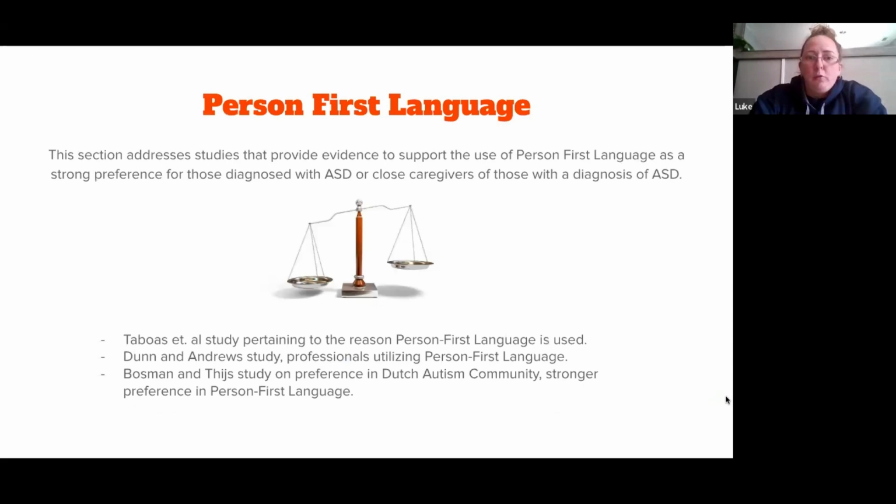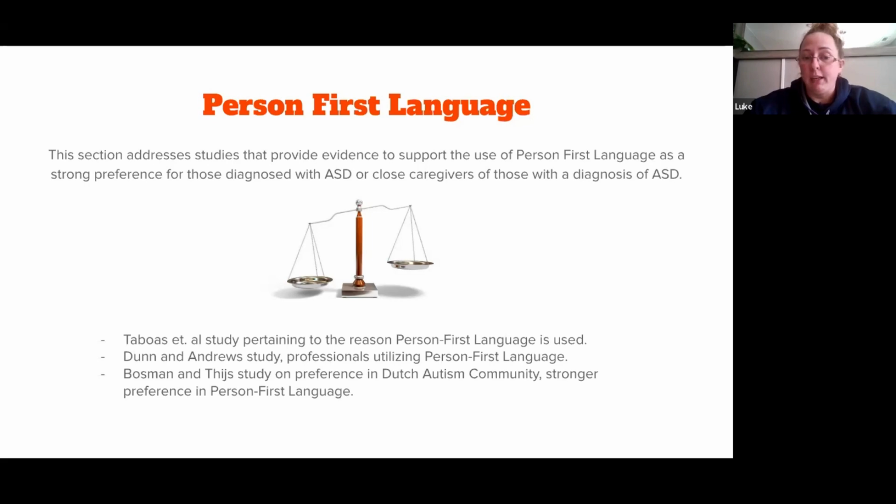All right, so we'll go over person first language. In this section, we'll be talking about Tavois et al.'s study, Dunn and Andrews' study, and Bozeman and T's study. Tavois is pertaining to the reason person first language is used.